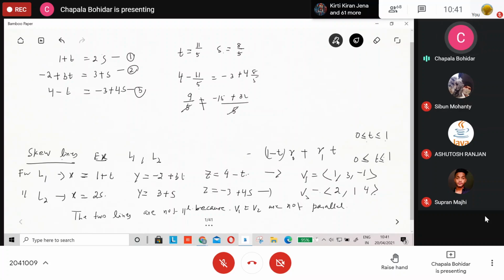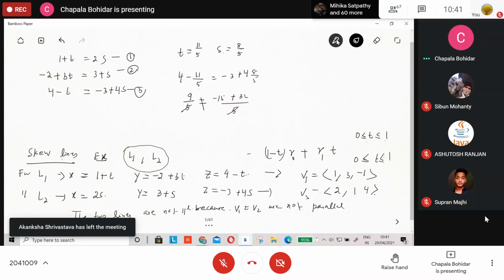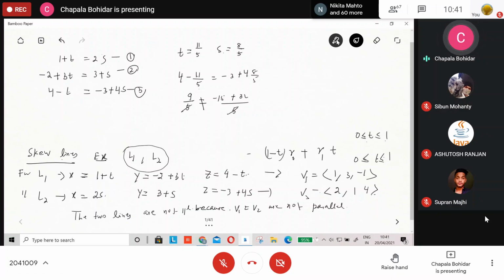So we say that L1 and L2 are skew lines. All of it clear? L1 and L2 are skew lines. They are not parallel, and also we get that they do not intersect.